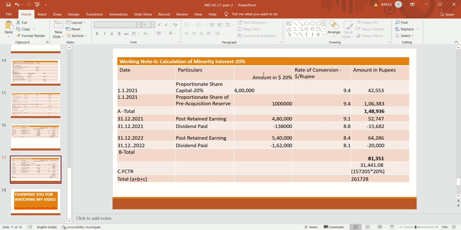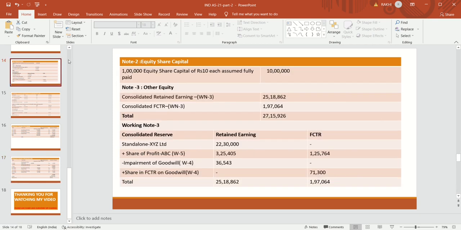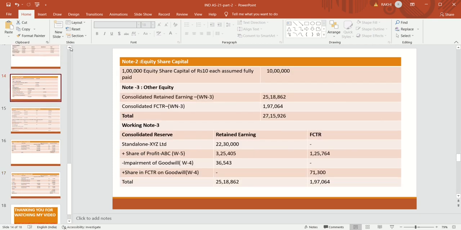Then we will calculate that at the closing date and average rate. Then post acquisition profits will be 81,351, and FCTR will be 20% of 157,205, which gives rise to 31,441, and in total the non-controlling part will be 2,61,728. We will put it into the balance sheet.